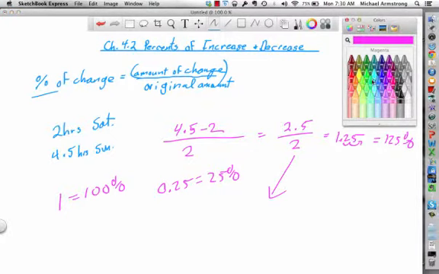The other way I can do this is I can just look at this fraction and change it to a fraction out of 100. 2 times 50 is 100, so 2.5 times 50 is 125. And 125 over 100 is 125%.